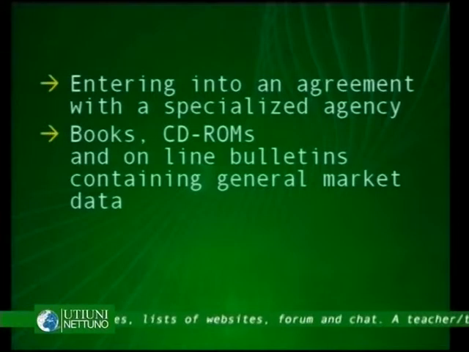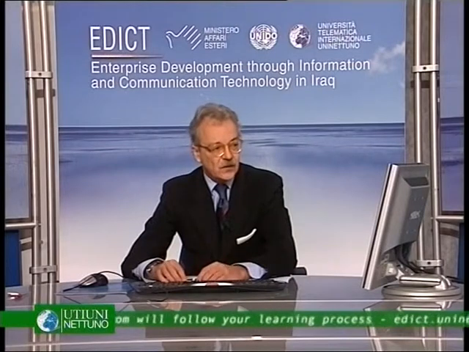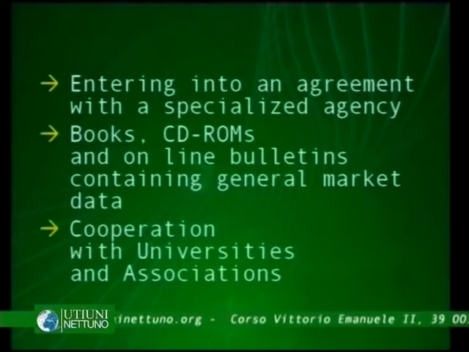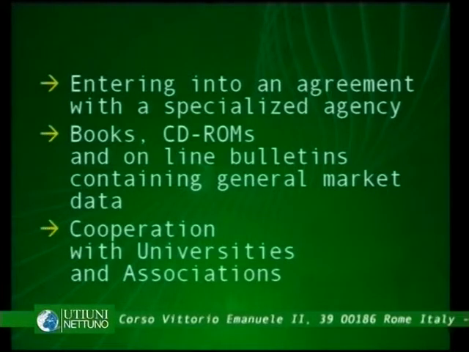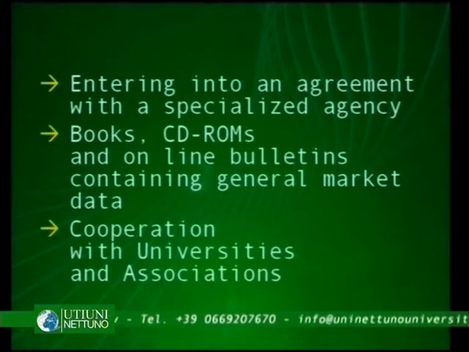Books, CD-ROMs, and online bulletins: now that we live in a very sophisticated world, and the web is helping us very much, it is quite easy to get information about markets outside our own country. Last but not least, this company can try to have cooperation with universities and associations.